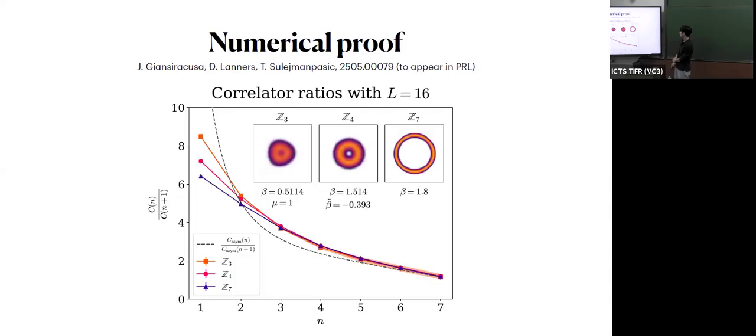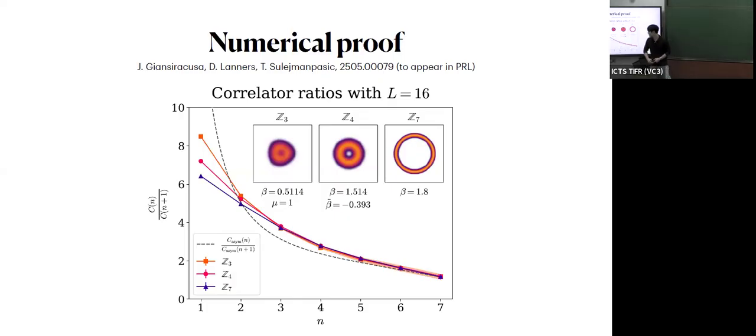I just wanted to point out that these predictions about the existence of a Coulomb phase in Zn lattice gauge theory for small n, smaller than 5, were studied numerically recently, and the existence of this Coulomb phase has been confirmed. So I'll explain this picture in some detail. What is shown here is a ratio of some correlation function.